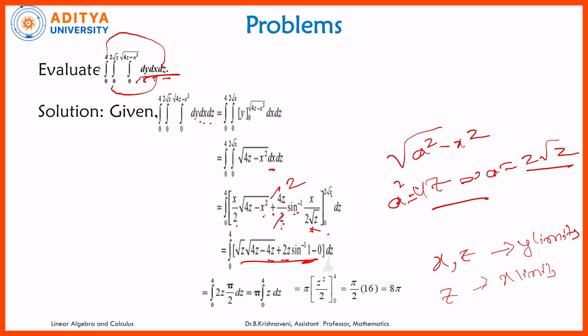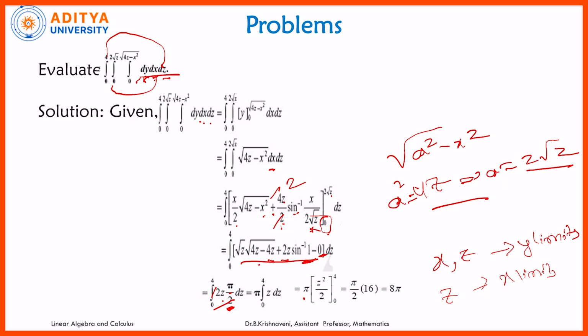Minus, if we substitute x equal to 0, the lower limit is 0. Now the first term becomes 0, and 2z into sine inverse 1, so sine inverse 1 means pi by 2, the 2 gets cancelled and you are left with z pi. Pi is a constant, so take it outside the integration.